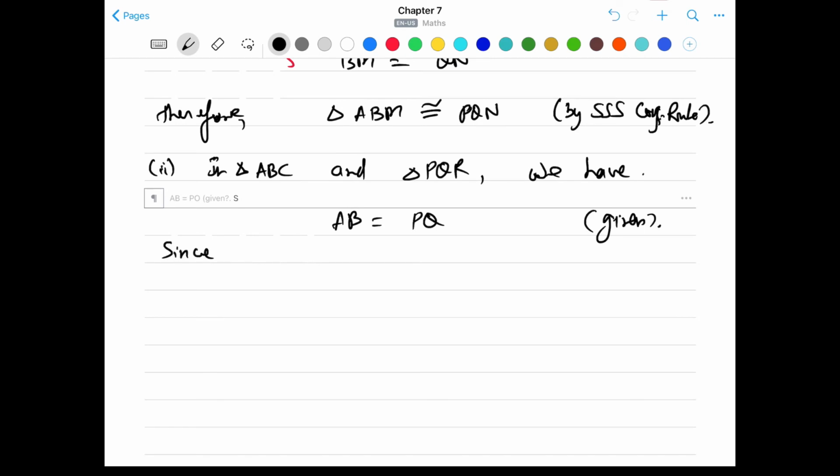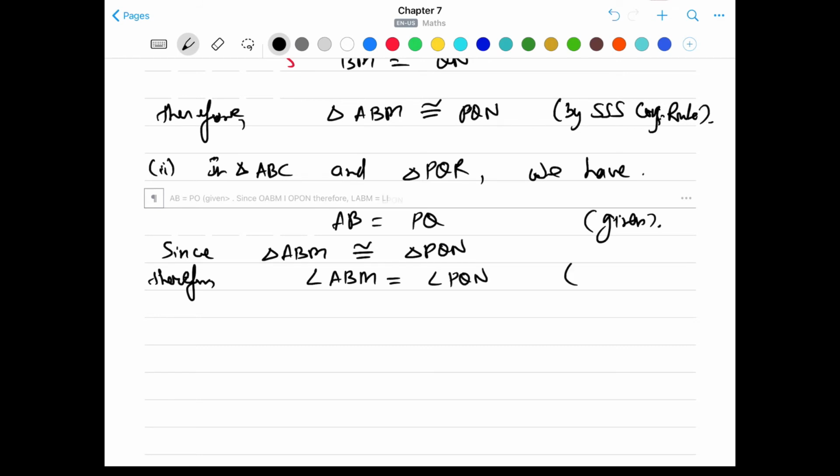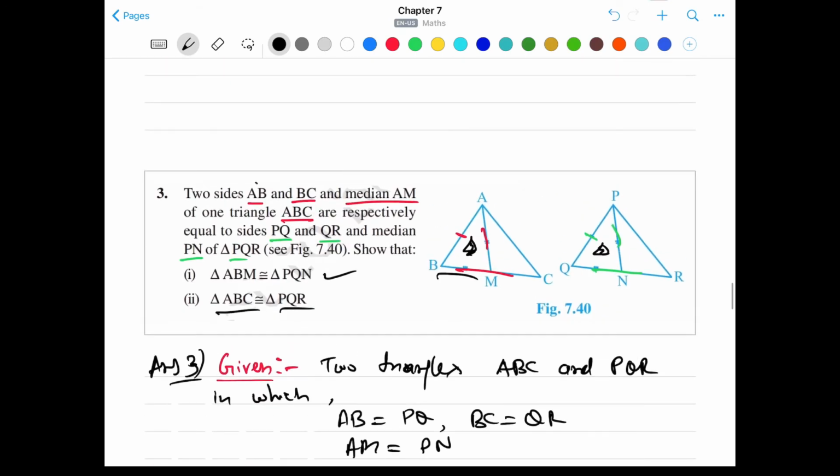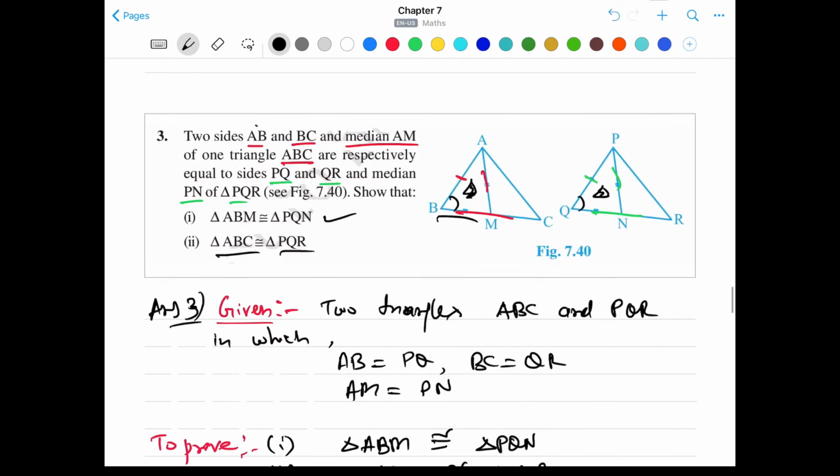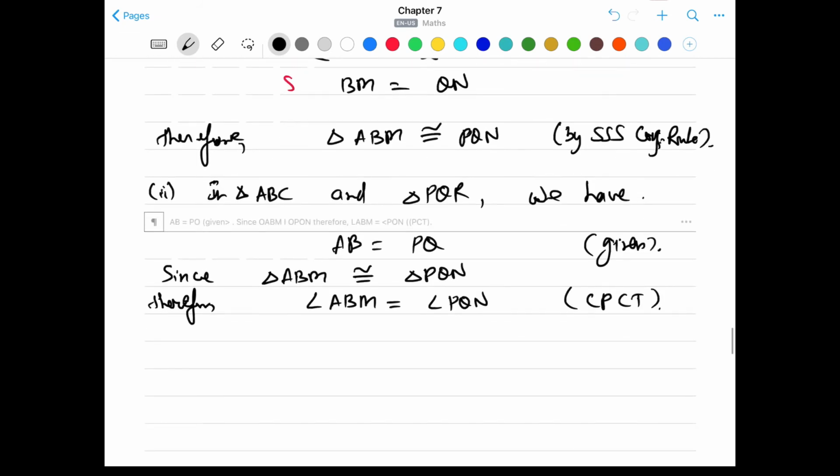After this, since triangle ABM is congruent to triangle PQN, therefore their corresponding angle ABM will be equal to angle PQN, that too by CPCT, that is corresponding parts of congruent triangles. So these two angles are equal.